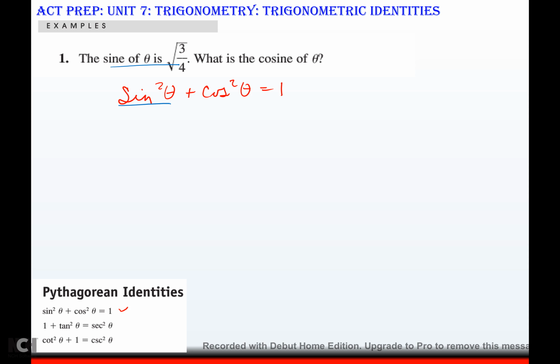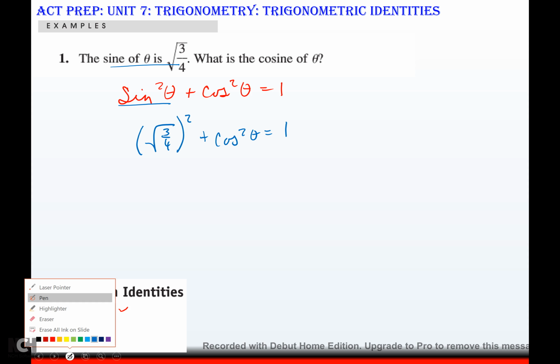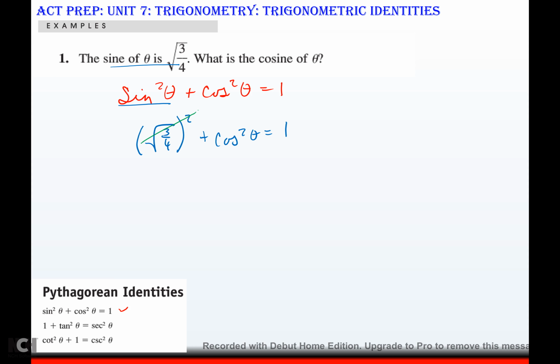So if I square it, that would be the square root of 3/4 squared plus cosine squared theta equals 1. If I square my square root function, the square kills the square root and I'm left with 3/4 plus cosine squared theta equals 1. Minus 3/4, minus 3/4, I get cosine squared theta equals 1/4.